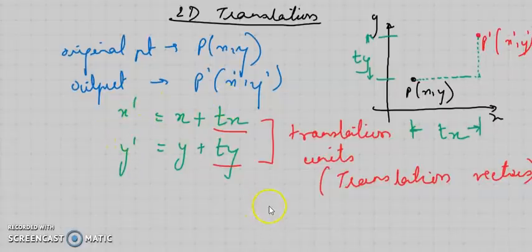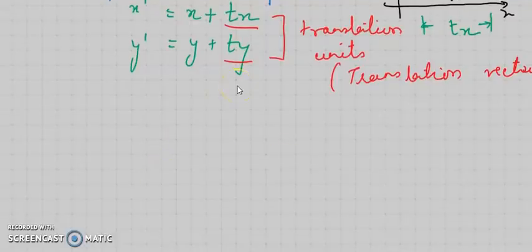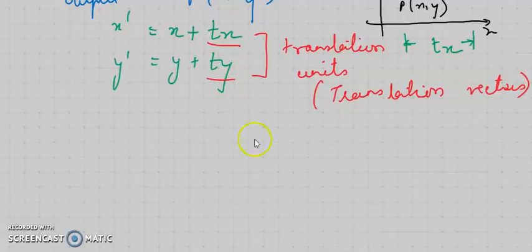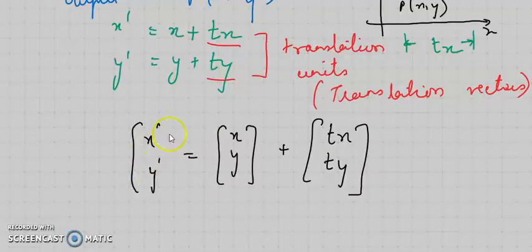So these are the translation vectors by which you are adding to your points so that you get the final values. Now we quickly have a look at the matrix and how I am going to construct it. What is the point matrix? I am going to write my point matrix as x, y plus my translation matrix as tx, ty to get my final values as x dash, y dash. Is this perfect? Yes.